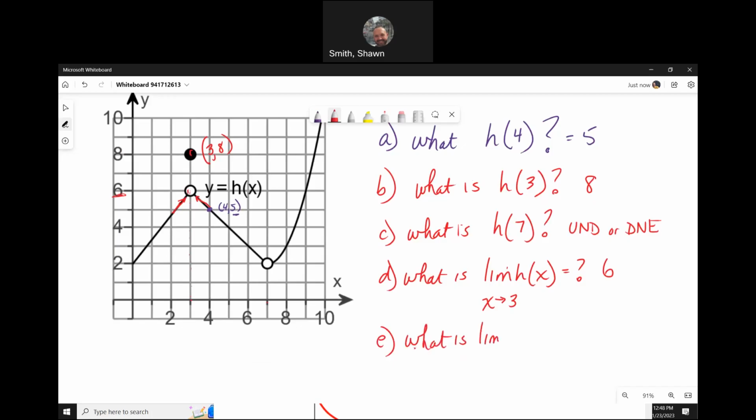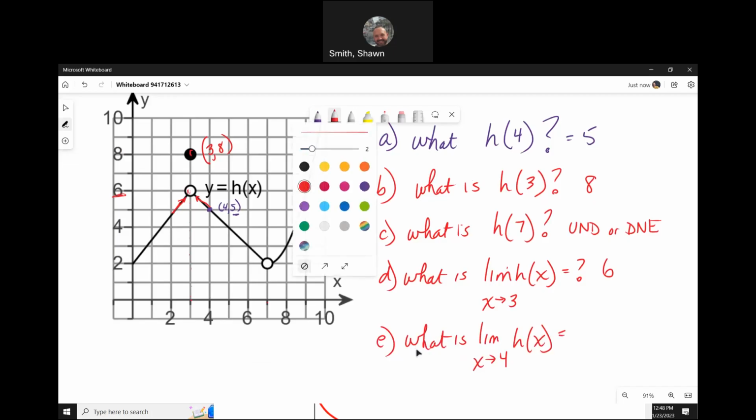What is the limit as x approaches 4 of the function h of x? I'll put this one in green. All right, so h of 4 is equal to 5, right? So the point does exist.